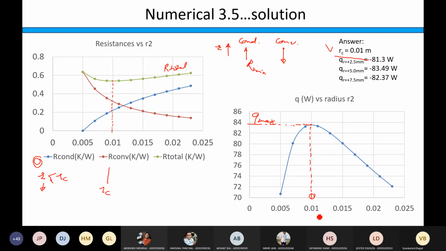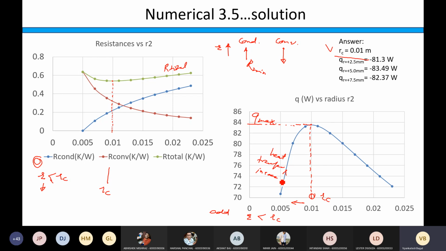So now from this plot you should understand this terminology. This is your critical radius, and if your base radius is less than critical radius, means you are talking about this side. If your base radius is less than critical radius, and if you go on adding the insulation, heat transfer will increase, correct?